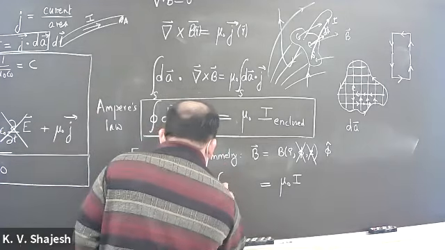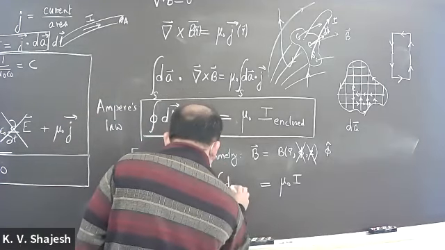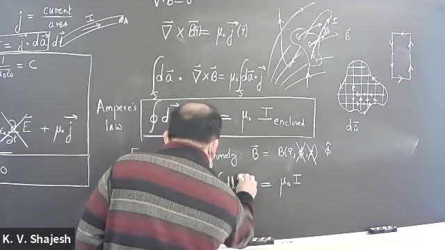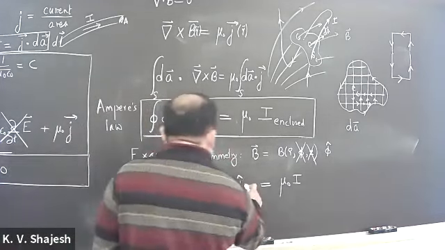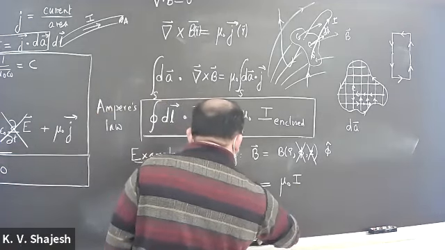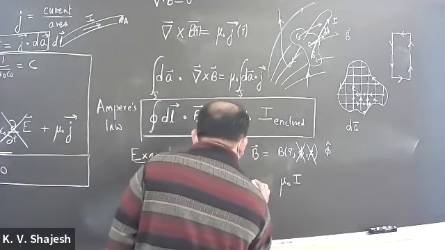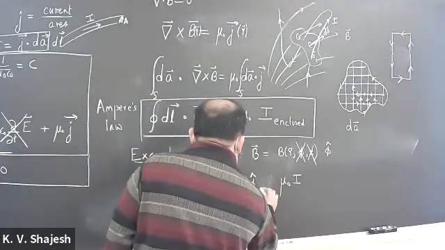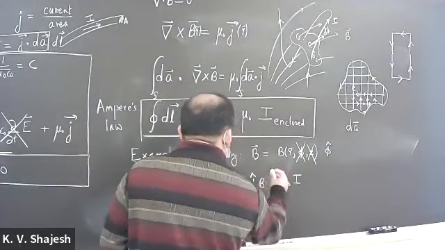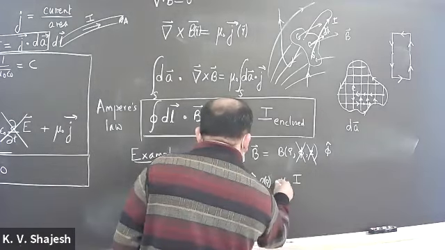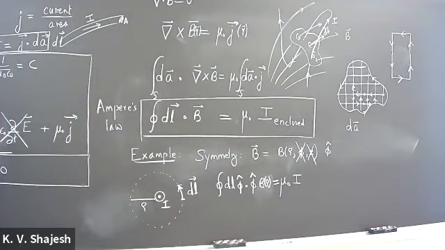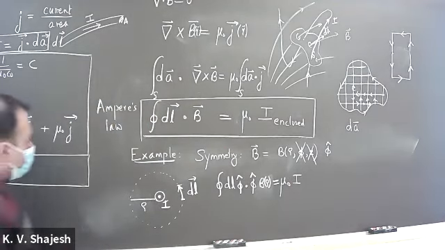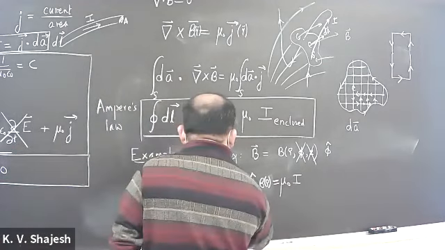Ampere's law tells me this is dl, it is dl times phi hat. And the magnetic field is already in the phi hat direction. So I say this is phi hat times B, with magnitude of rho. Phi hat dot phi hat is 1.